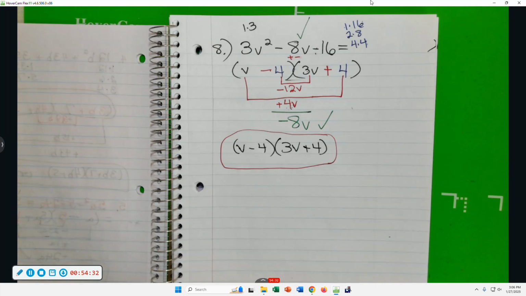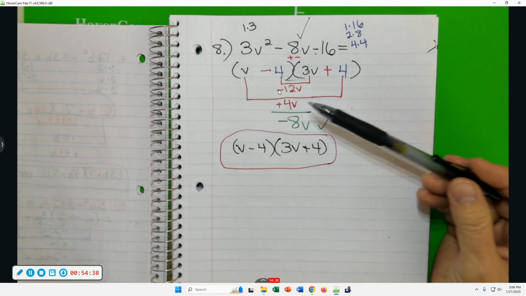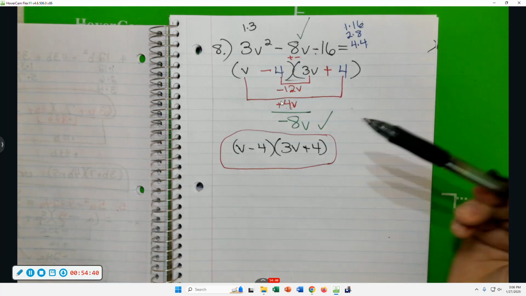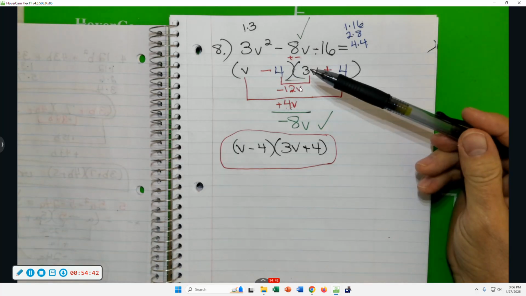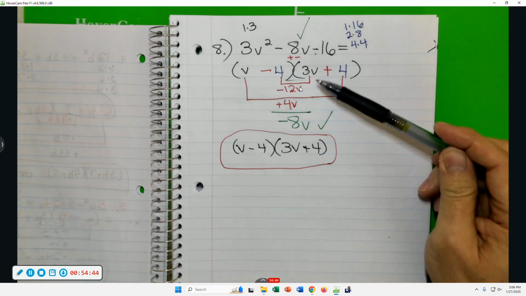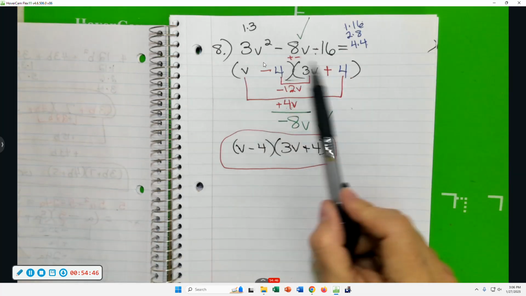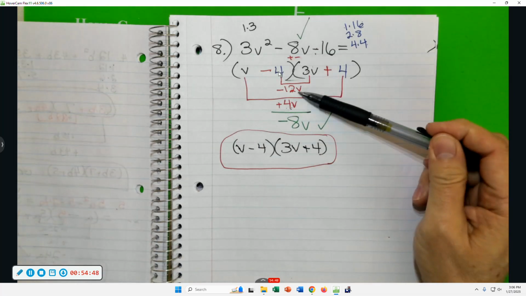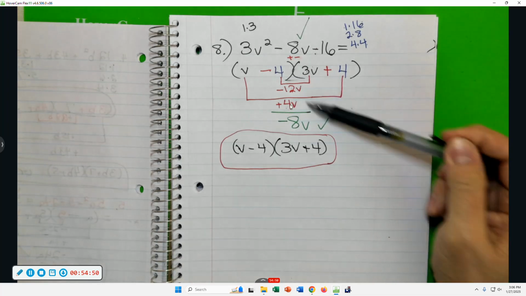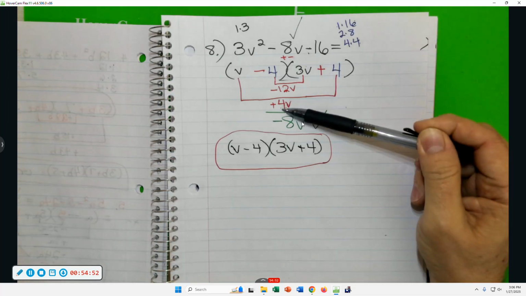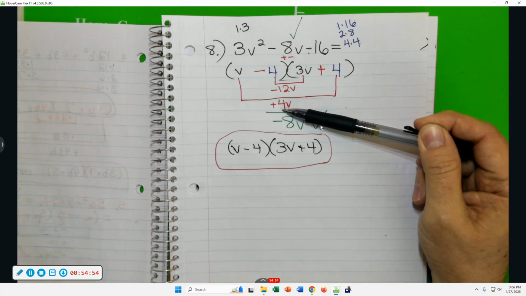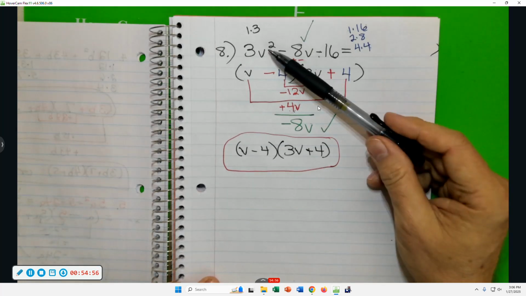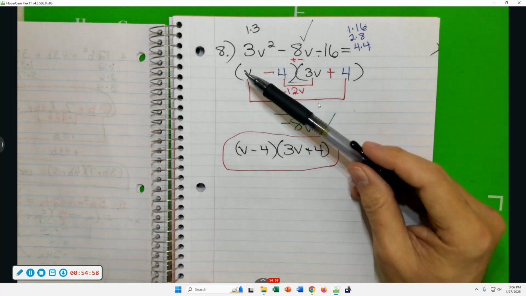Okay. I have a question. Yeah, I'm listening. When the negative 12b plus the 4b, why wouldn't it be squared? No, when you remember combining like terms, the only way you get a square is if it's variable times variable. Adding and subtracting, you keep the same variable part, you add or subtract the coefficients. The only time you're picking up the square is in the multiplication stage.